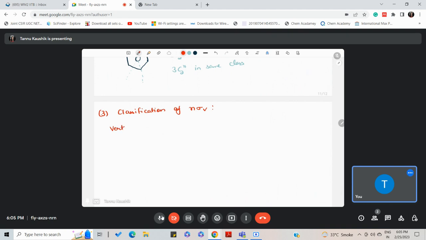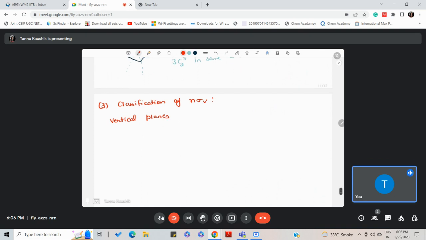Again, similar to C2 axis of rotation, vertical planes with similar symmetry effect will be in the same class.